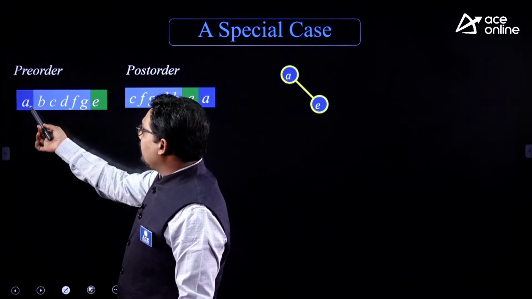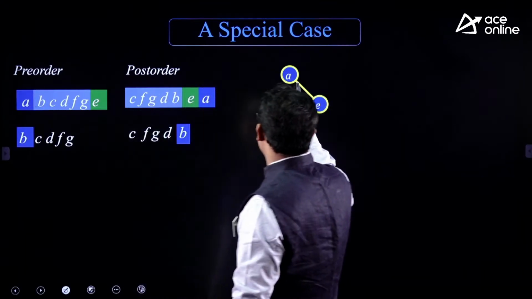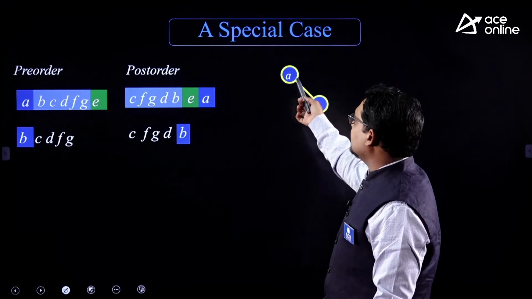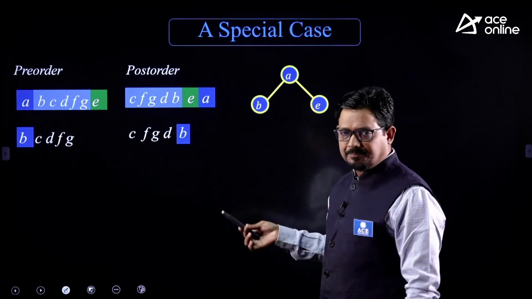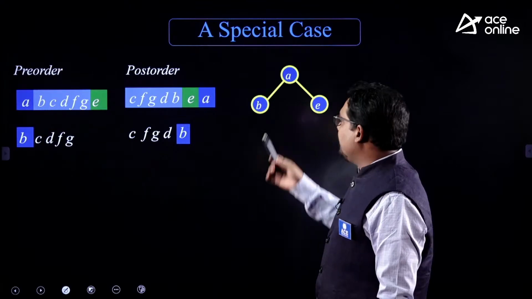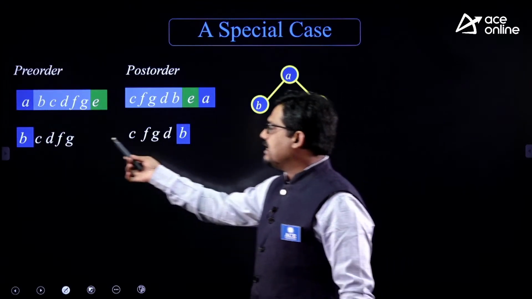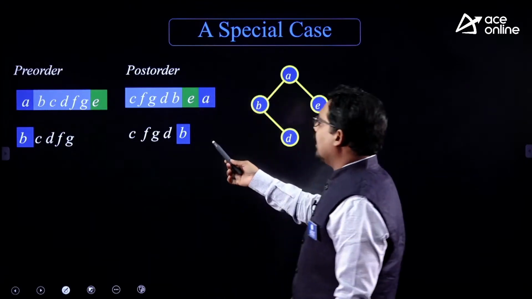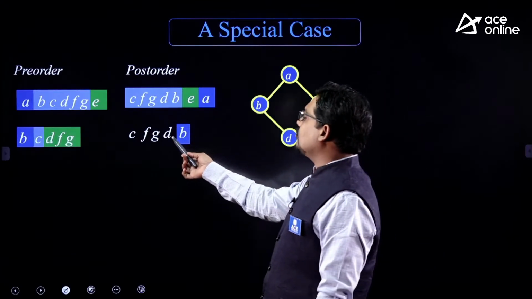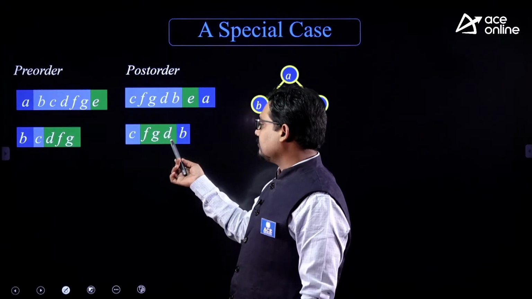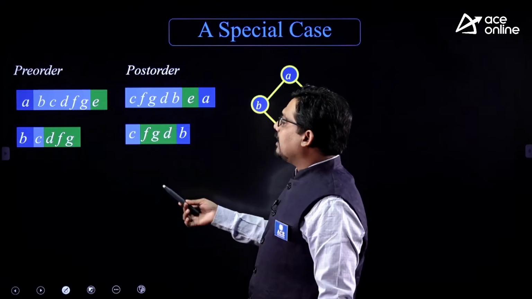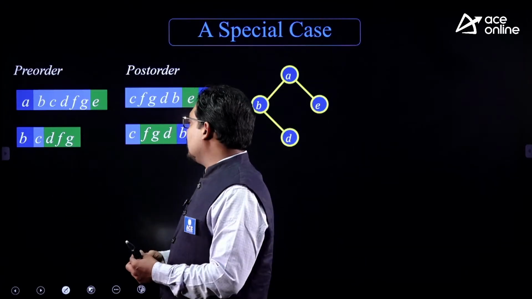Similarly, from the pre-order traversal, B will become the left child. Again B is the root. What is on the left? B, C will be on the left, and D will be on the right. And what is on the left here? What was the argument?